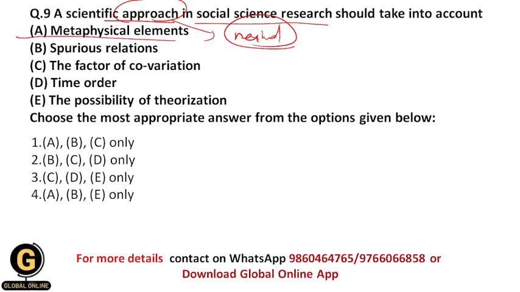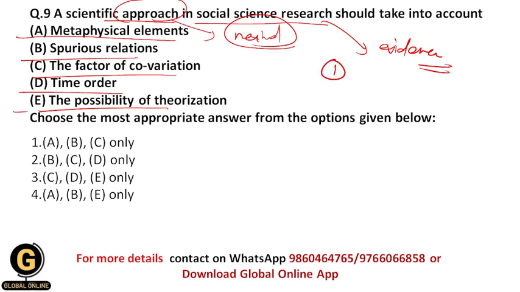Metaphysical elements, spurious relations, the factor of covariation, the time order, or possibility of theorization? Students, this is nothing but social science research. Though it is social science research, it is still based upon the evidence. Okay, and within this type of research, the factor of covariation occurs.